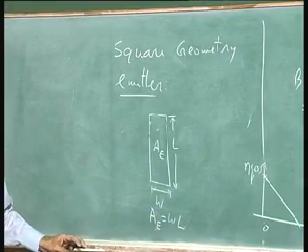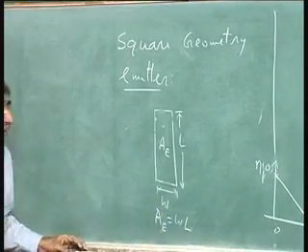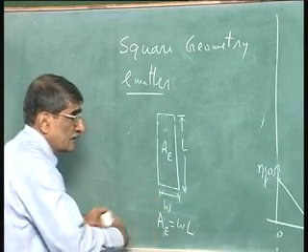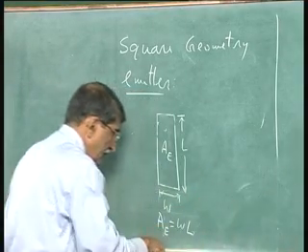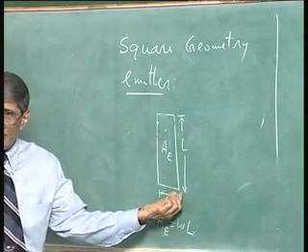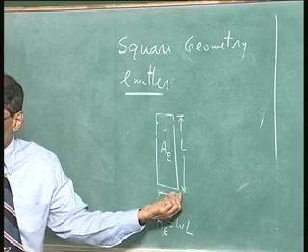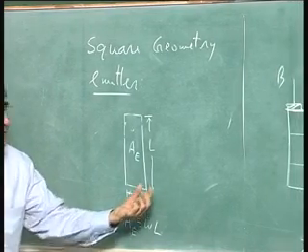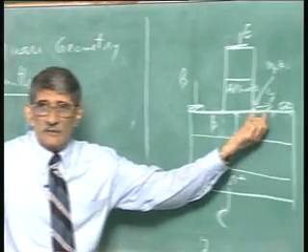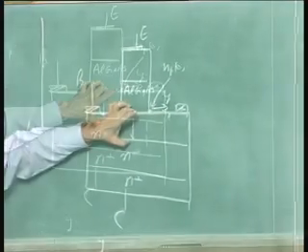How do you calculate surface area? If you want to calculate surface area, what you need to do is find out a periphery around this of width equal to that, which is equal to that.